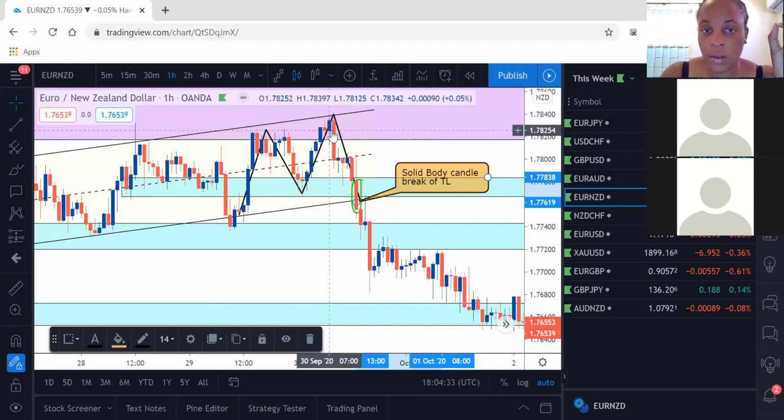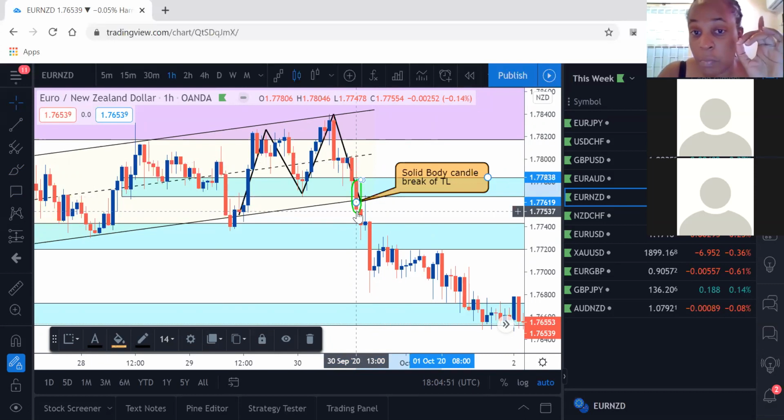But when I notice that it is a double top, I will be looking to get into my sell. So I would have started my sell here, and I would have wanted to continue to hold my sell should I get a solid body candle break of my trend line, in this case, channel.